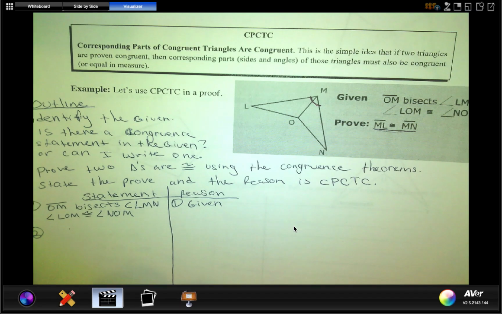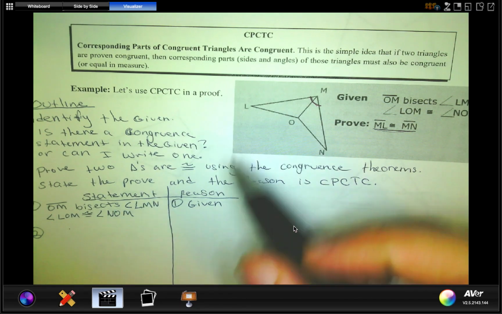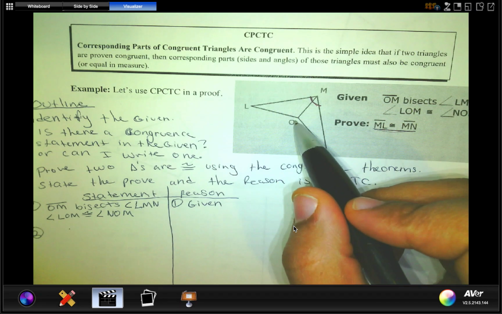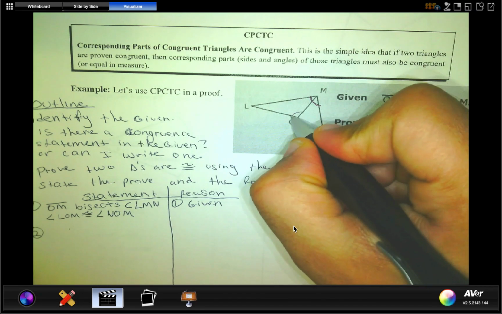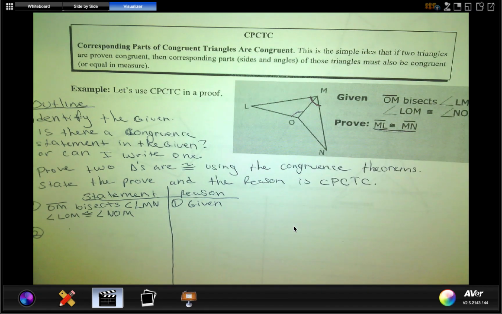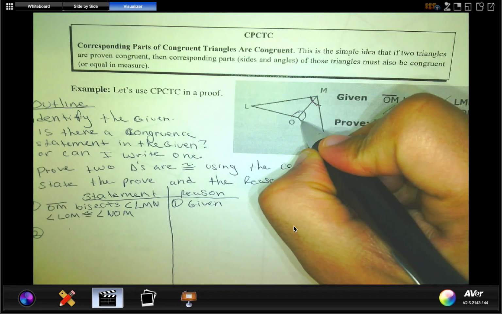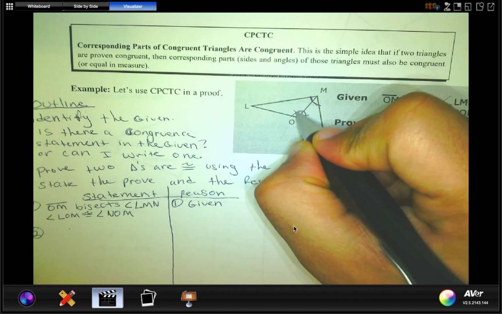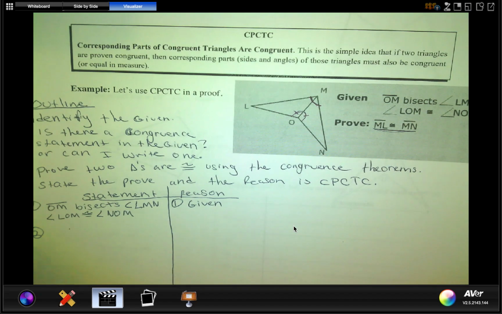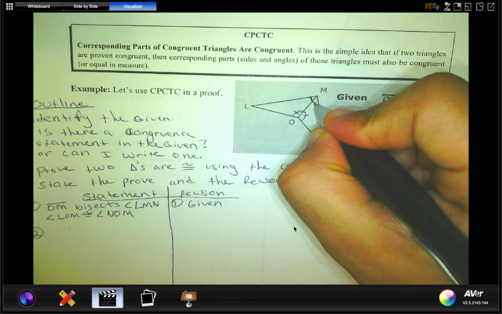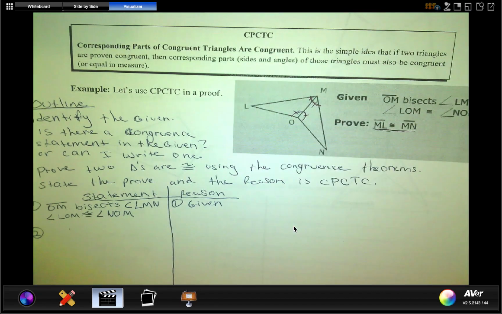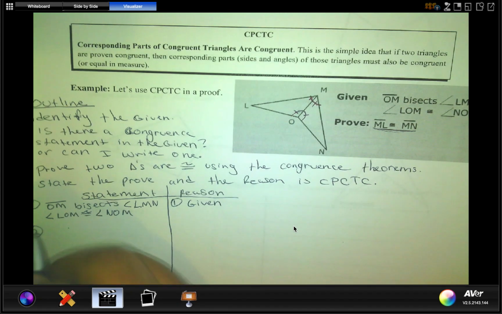Okay, so far I have this angle right here is congruent to this other angle. So these two are congruent. Great, so let's write that down.